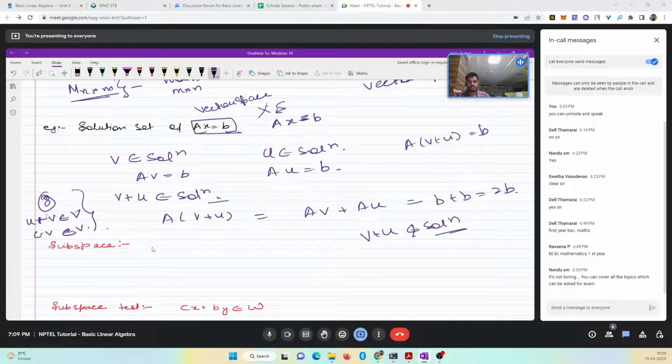So let's say V over F is a vector space. I'll use some other pen. I'm defining subspace over here.